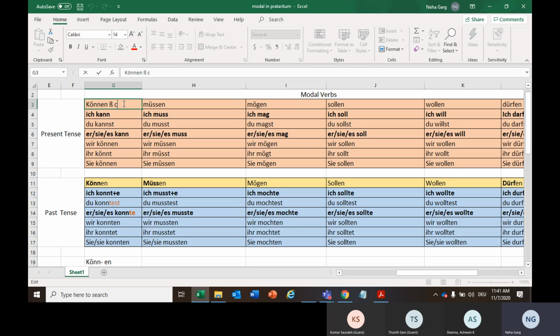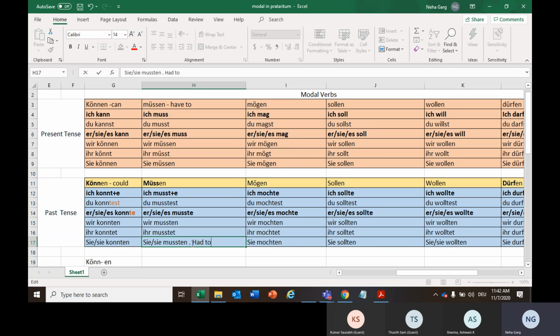So here können means can, and here konnte means could. This konnte means could. So here müssen means I have to do something, something which is mandatory, have to, but here mussten would mean had to.